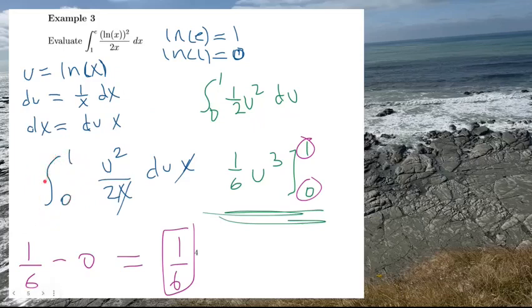I don't know, that's a weird analogy, but that's what I thought of. So this is English. We gotta change that too. It's pretty easy to do. It's right over here. Just plug it into what you said as u. So ln of e, 1, ln of 1, 0. Bam. Put that there.